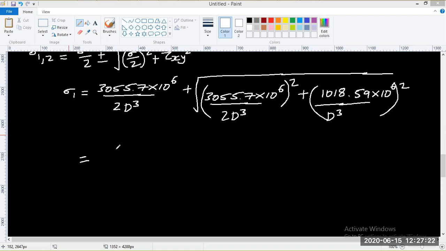So let's write it as 1.528 into 10 power 9 over d cube plus, and let's simplify both of them maybe one at a time. 3055.7 squared divided by 4, plus you have 2 into 4 into 1018.59 E6 squared. Square root of that.